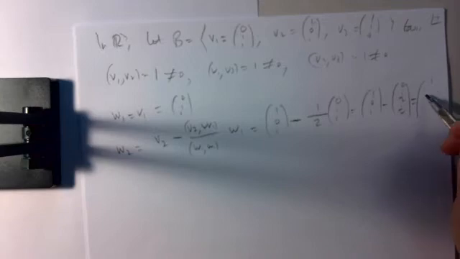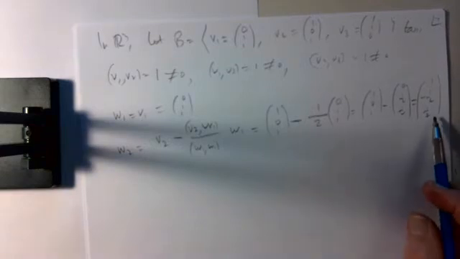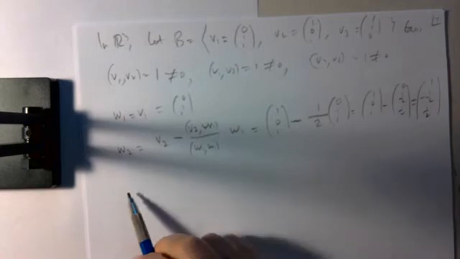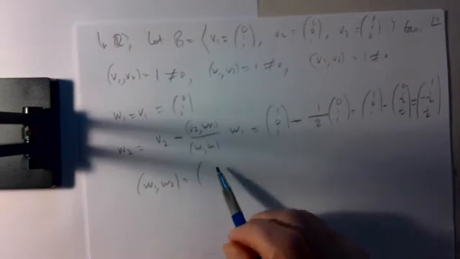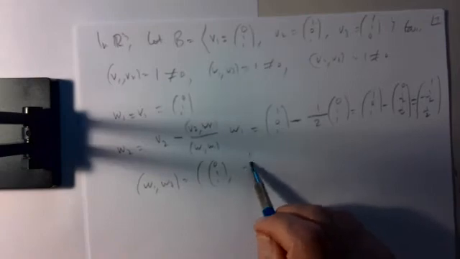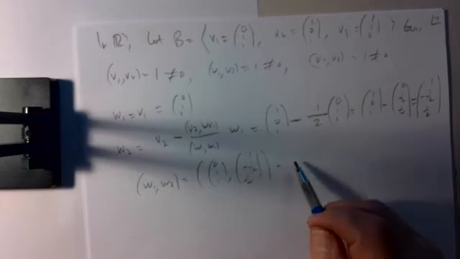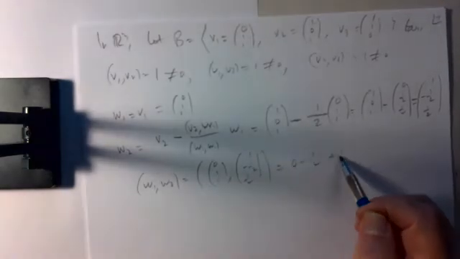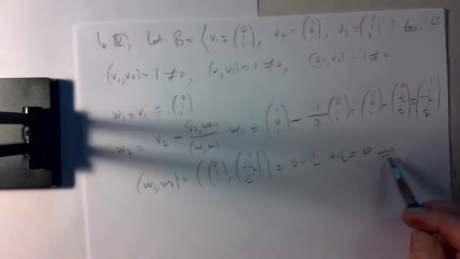That's the vector (1, -1/2, 1/2). What is the inner product of w_1 and w_2? It's the inner product of (0, 1, 1) and (1, -1/2, 1/2). You get 0 minus a half plus a half is 0.